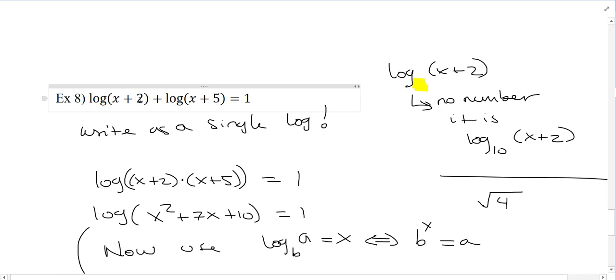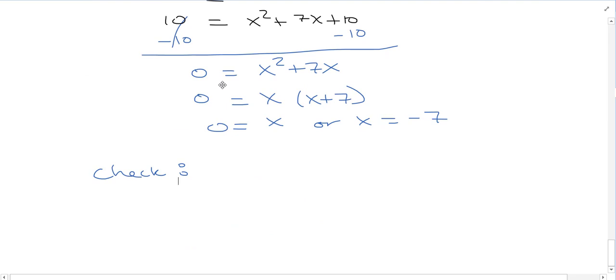So for example, if one of my answers was negative 1, that will be okay, right? Because minus 1 plus 2 is 1. Minus 1 plus 5 is 4. So I can take the logarithm of those numbers even though x is negative. But in this case with 0 and negative 7, probably not.